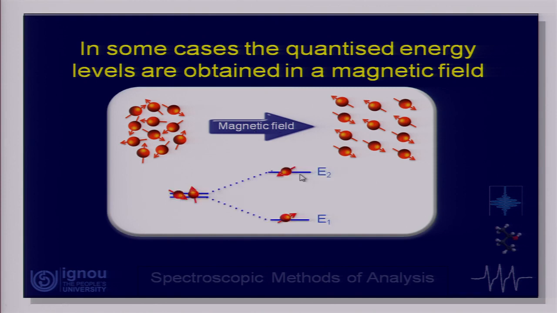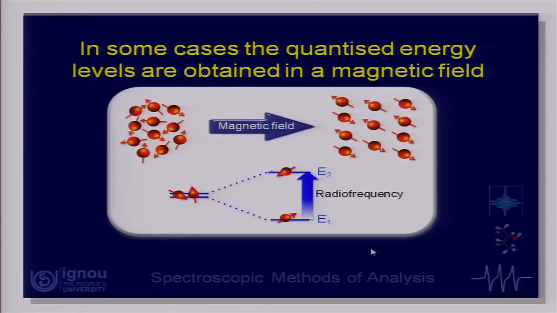And this alignment leads to quantization. That means a system aligned with the field has lower energy, and if the spin is aligned against the field, it is of higher energy. In the absence of the field, there was no quantization. The moment I apply the field, this comes into play, and we get two energy levels.